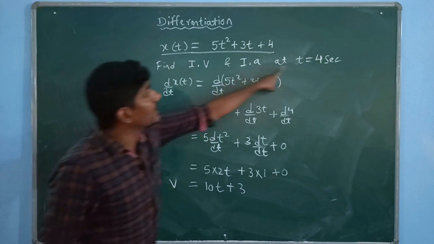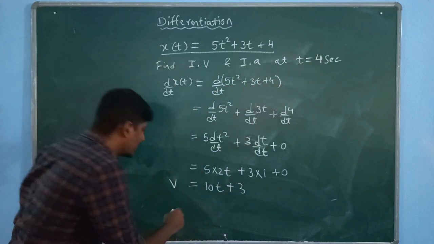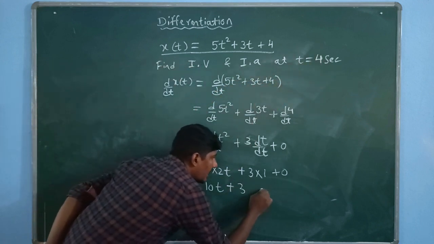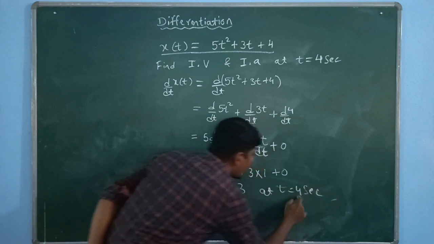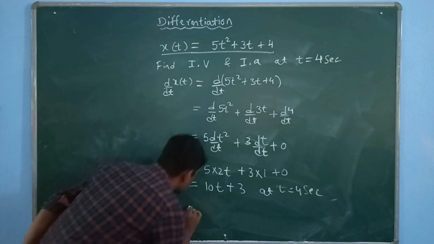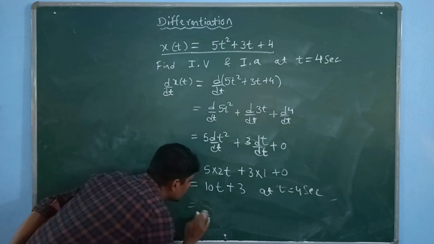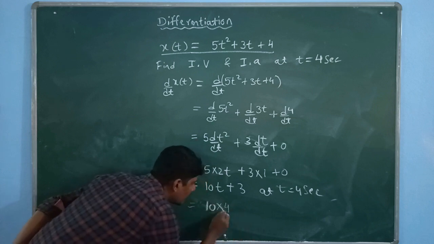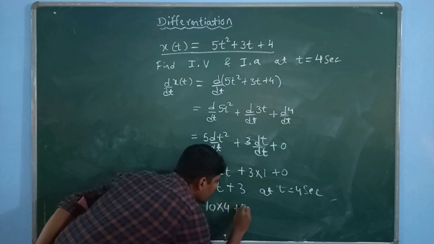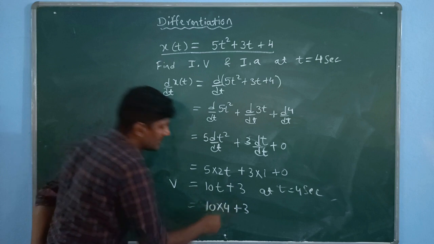Its value at 4 seconds, how to find out that? At t equals to 4, put the value of t here. That is 10 into t value 4 plus 3 as it is. Okay, you need to write that 3.